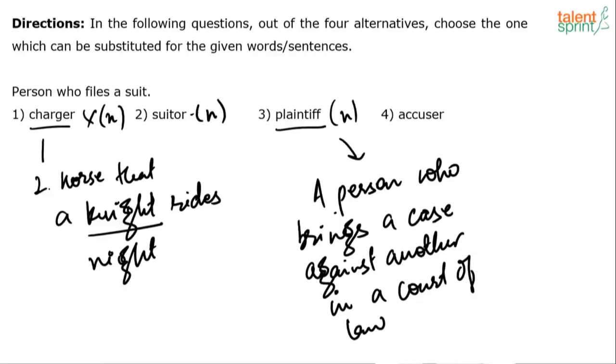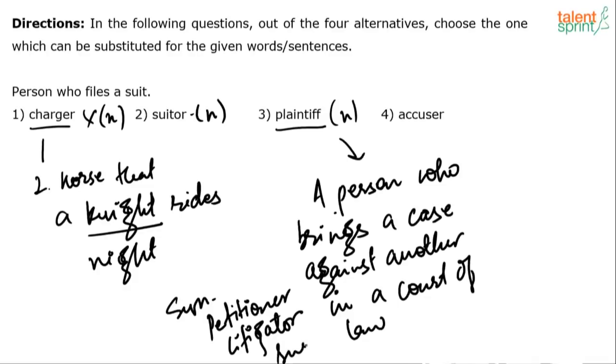Now, what are the synonyms of plaintiff? Can you tell me? There are many synonyms of plaintiff. The first synonym could be a petitioner. Second could be a litigator. Then a suer and litigant. Very important word.